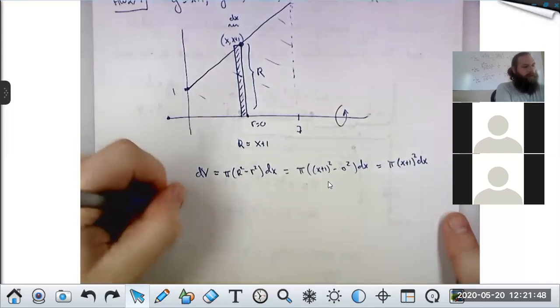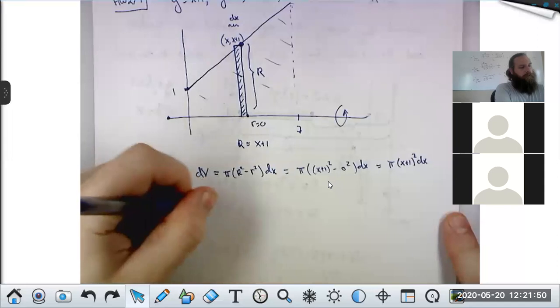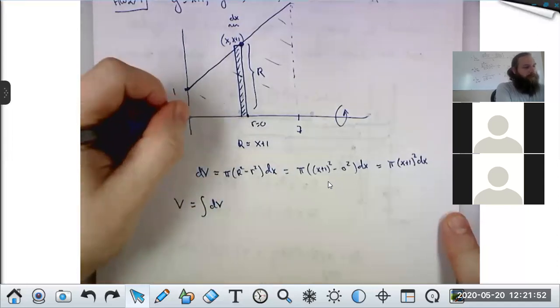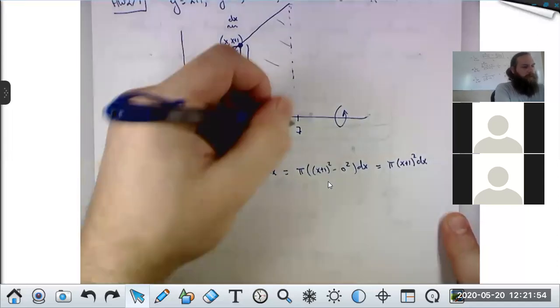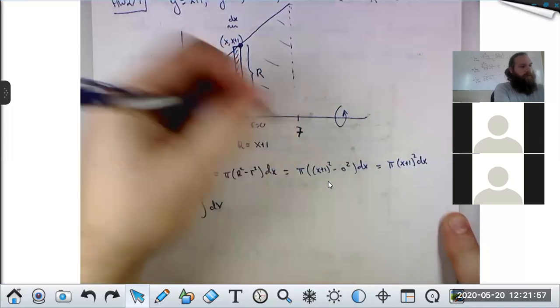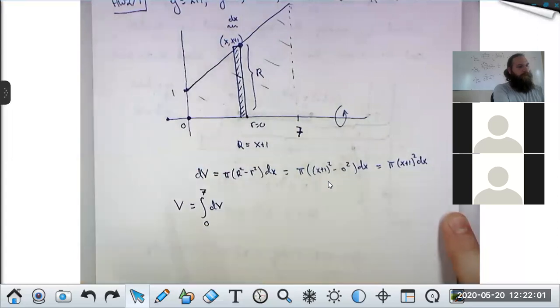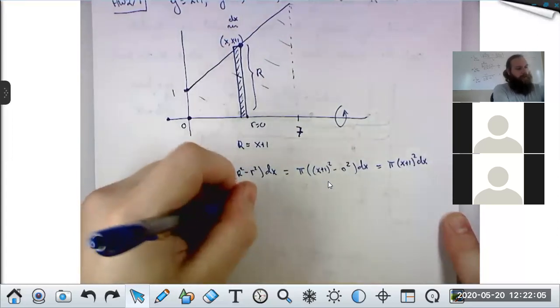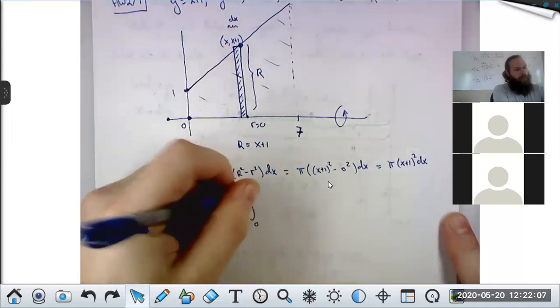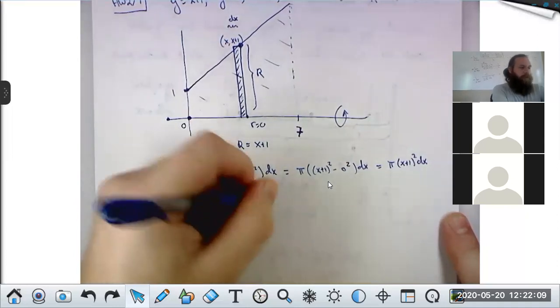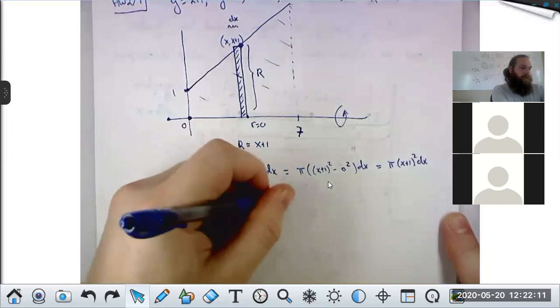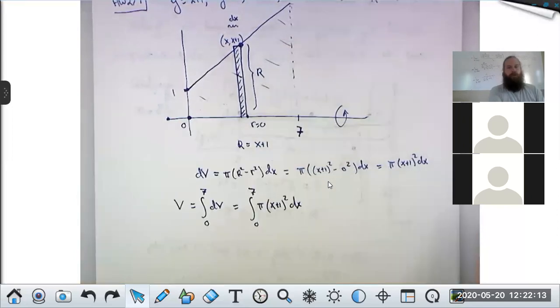And then V is the integral of dV taken from the smallest x value in the region to the largest x value in the region. So that's from 0 to 7. So that's going to be the integral from 0 to 7 of pi times (x plus 1) squared dx.